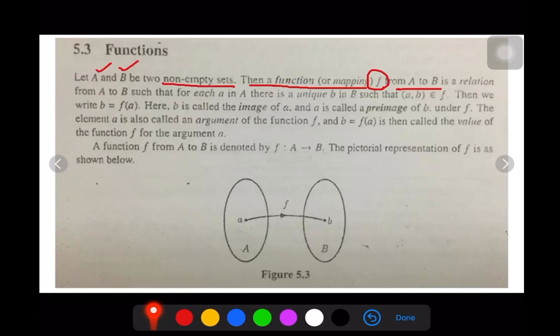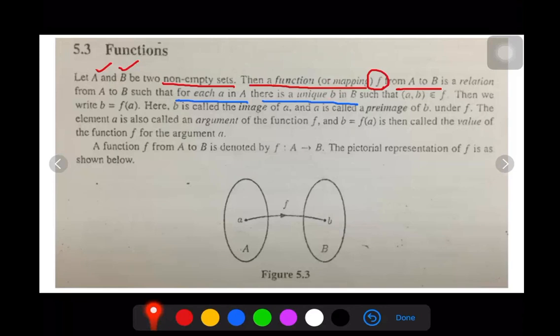What is a function? A function is a mapping from A to B, which is a relation from A to B, such that for each a in A, there is a unique b in B. Here you have to concentrate on the meaning of unique b.